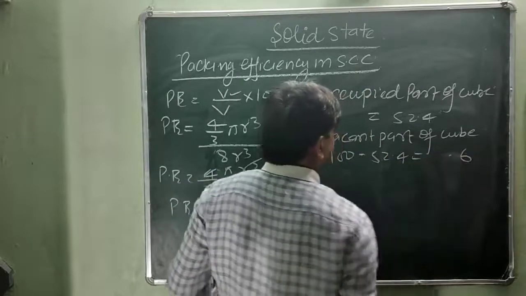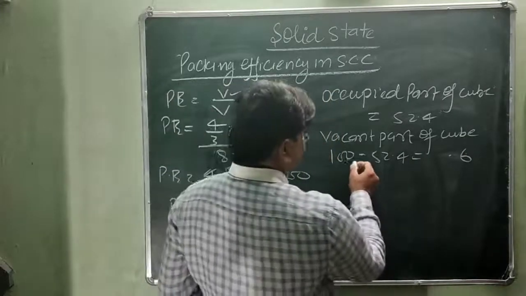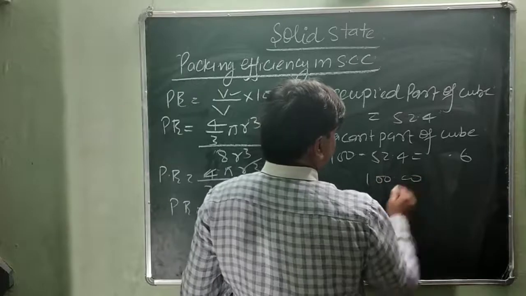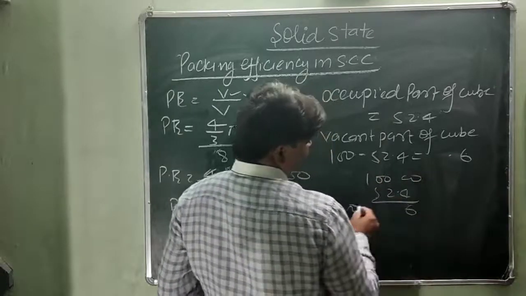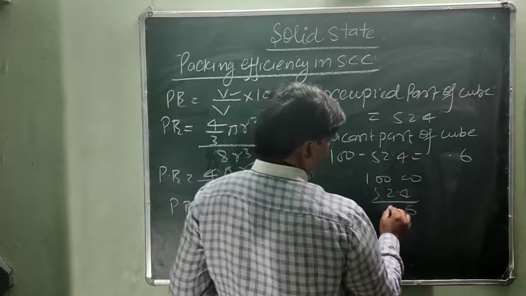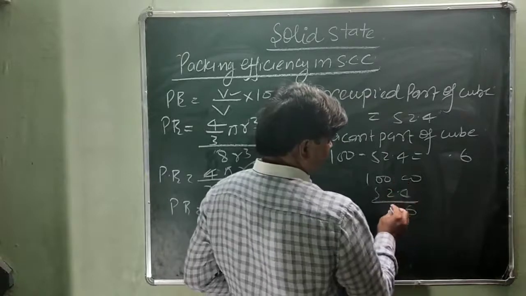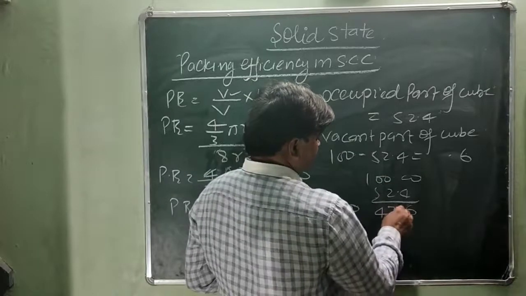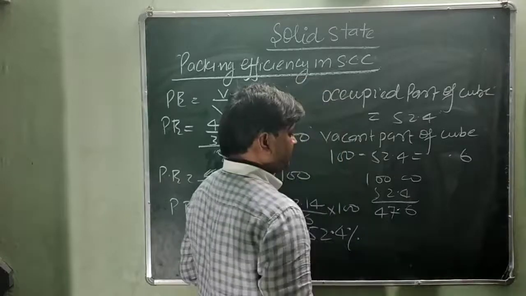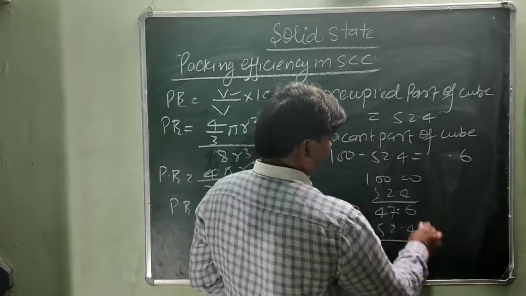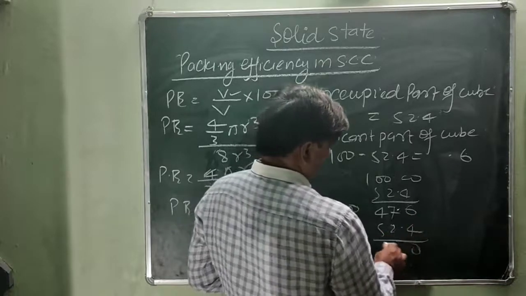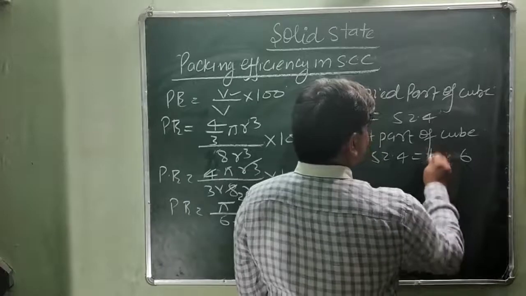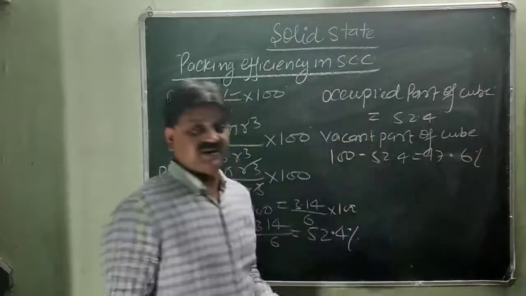So this is 47.6. You can calculate here 100 minus 52.4, this is 47.6% is the unoccupied part or the vacant part. 47.6% is the vacant part in case of SCC.